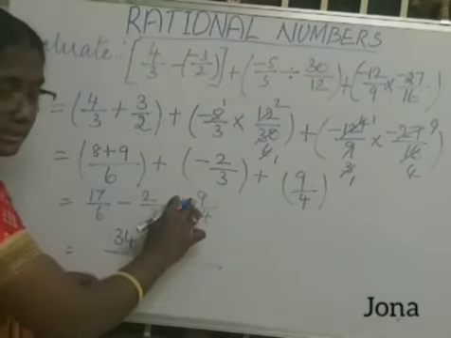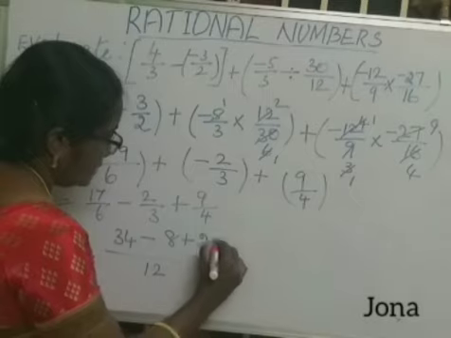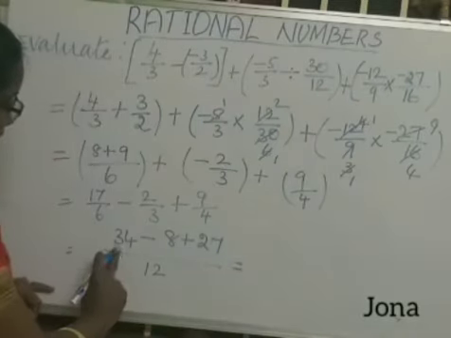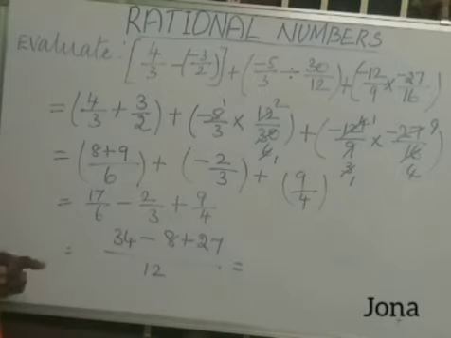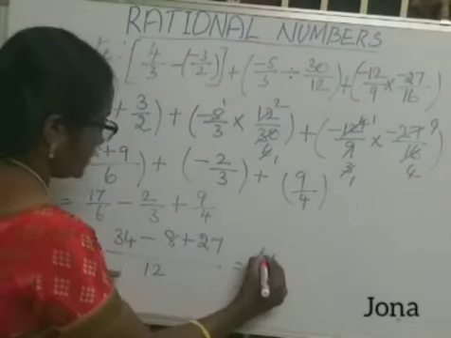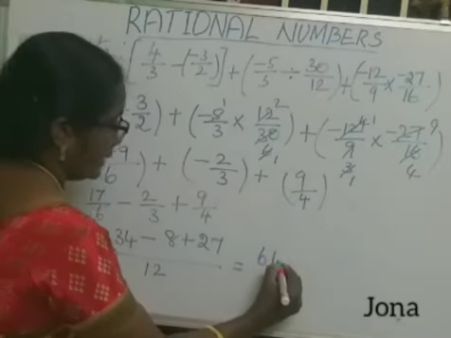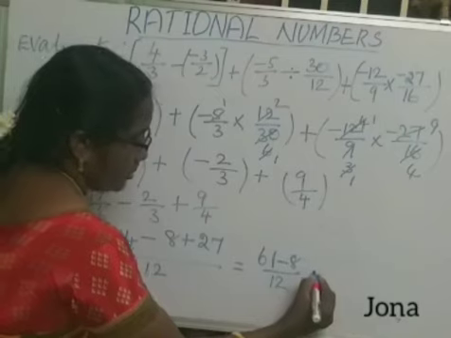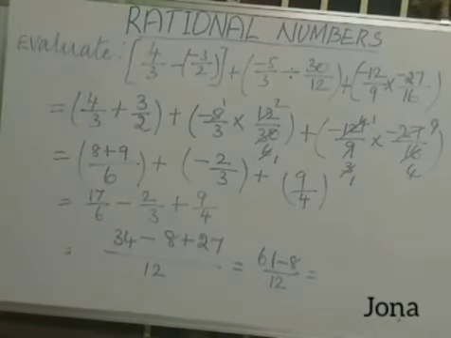So 3 into 9, so it is 27. So which is equal to, here I can add 34 and 27. How much will it be? 61 minus 8 by this 12. So how much will it be? 61 minus 8, it's nothing but 53.